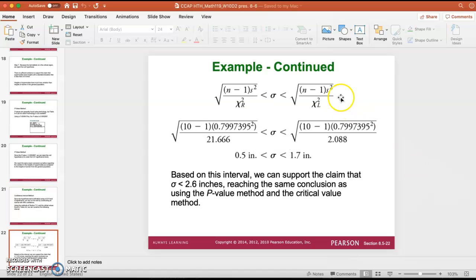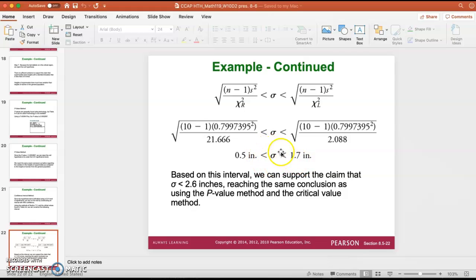Then, looking at where I'm setting up the confidence interval according to these formulas, I see that the right critical value is 21.666. I plug everything else into the confidence interval formula for estimating a standard deviation, and it comes out that we'd be 98% confident that the true standard deviation of supermodels' heights is between 0.5 inches and 1.7 inches.